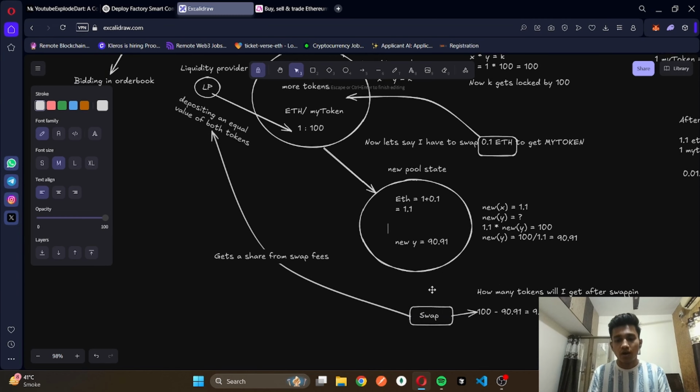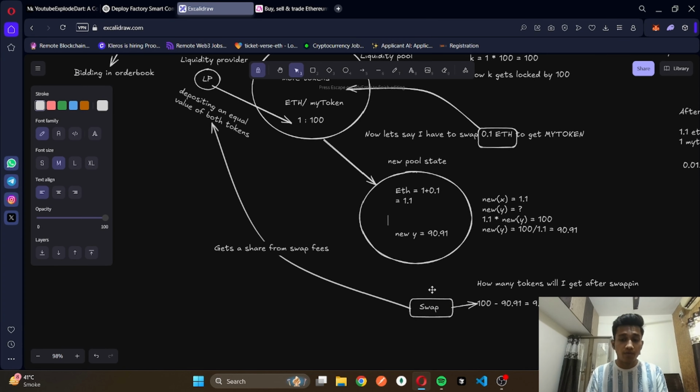So how many tokens will I get if I deposit, let's say 0.1 ETH to this pool? I will be getting 100 minus 90.91 my tokens. That's 9.09 my tokens.